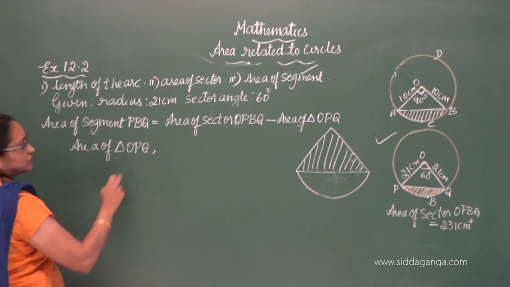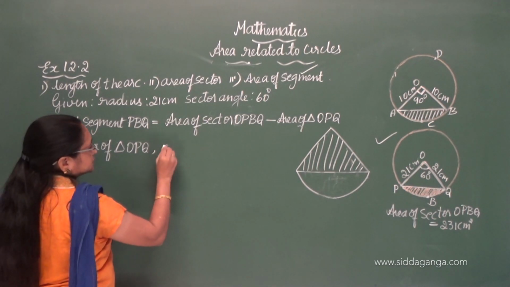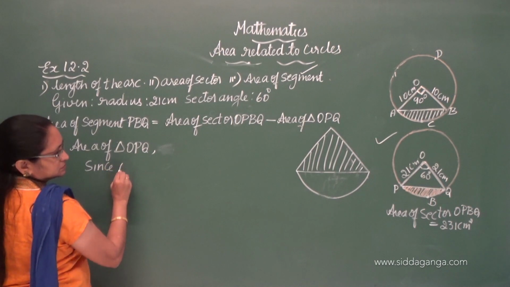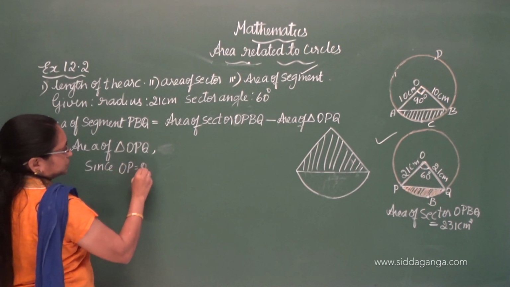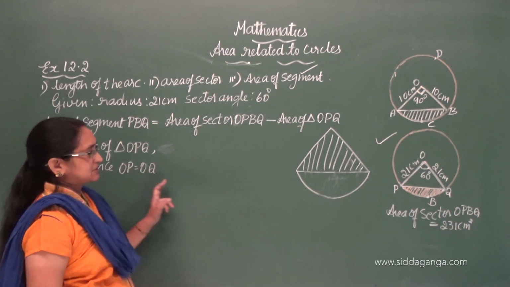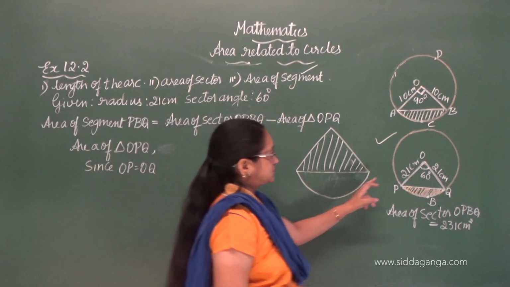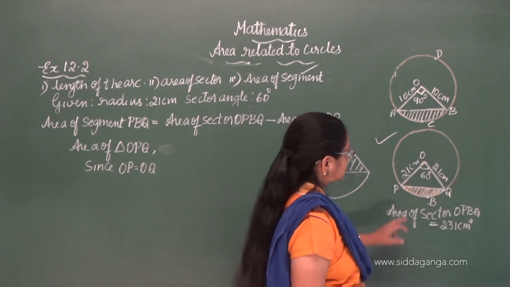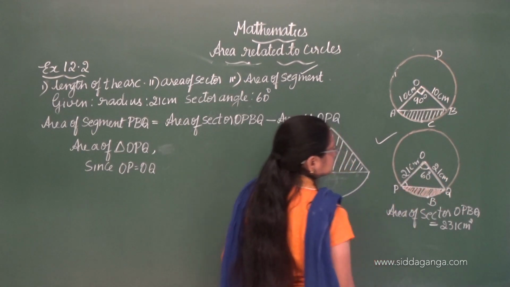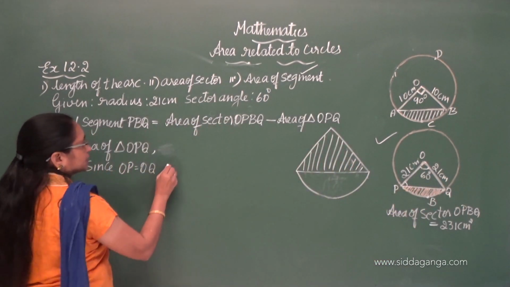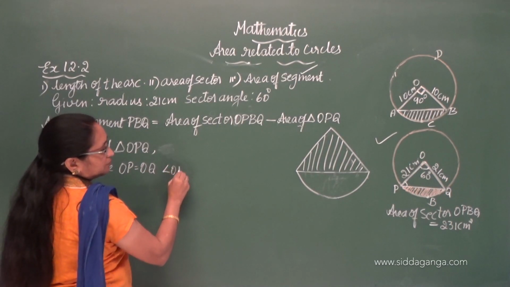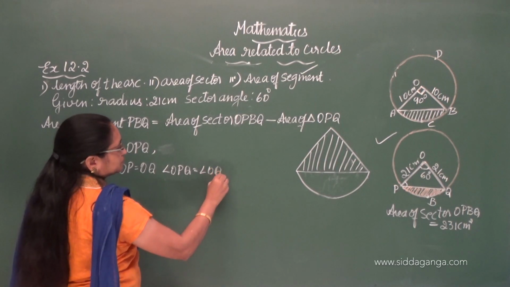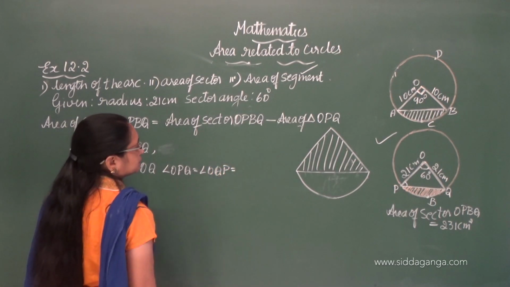to find out the area of the triangle here, you can write, since OP is equal to OQ, since these two sides are equal, I can just mention here angle OPQ is equal to angle OQP. That is equal to how much?